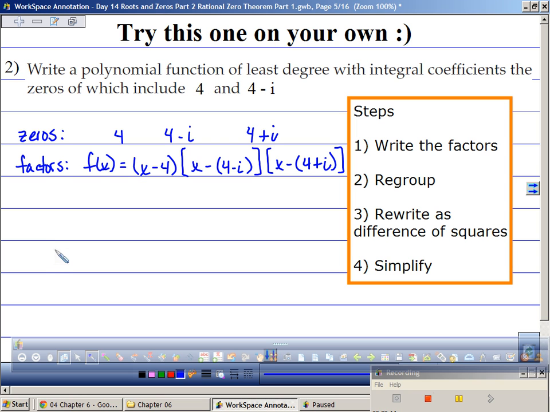Now my next step is to regroup it. Okay, so I have... Josiah, please turn around.